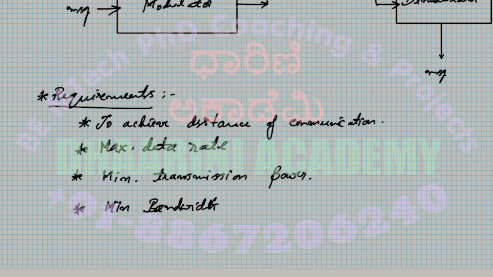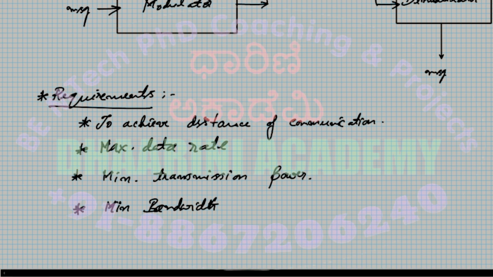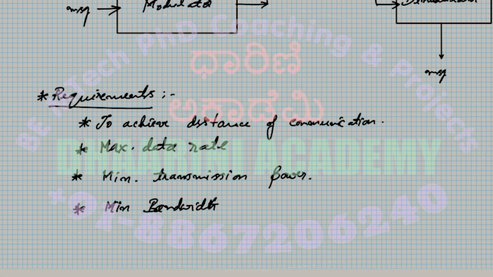The reason is that when certain frequencies are available for communication, you want to put the maximum number of channels there. Channels carry independent signals or independent messages. So in order to accommodate the maximum number of channels within a given frequency space, you should have minimum bandwidth for each of the channels. That's why it is minimum, right?